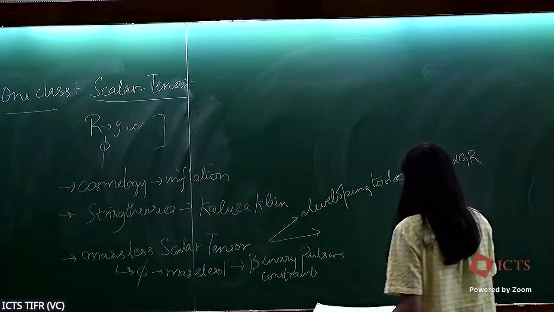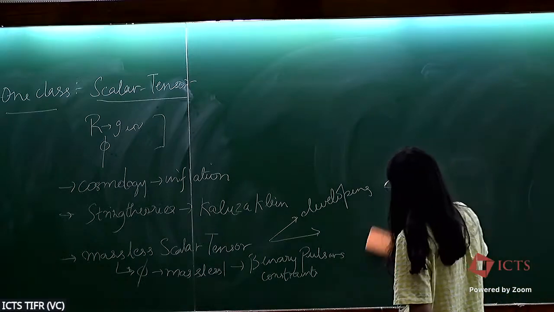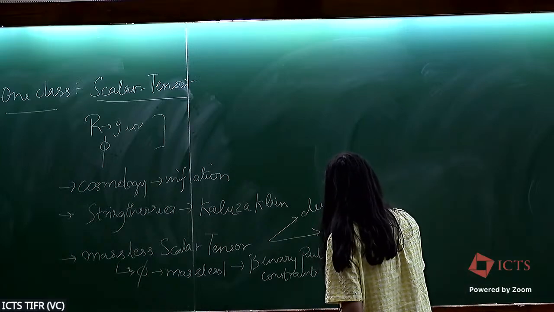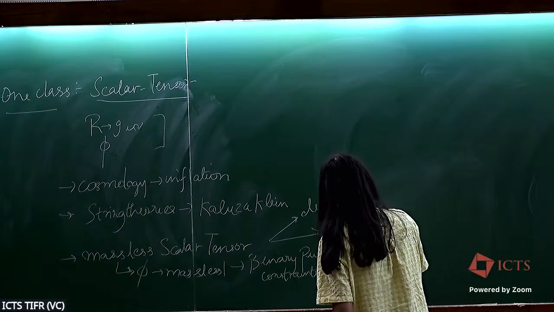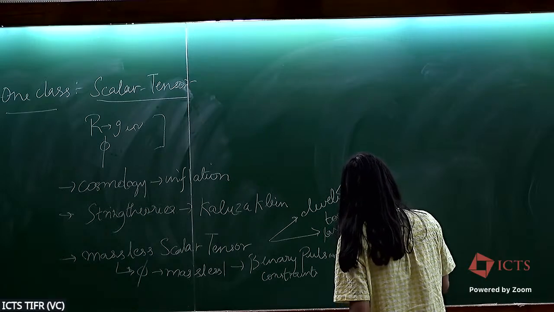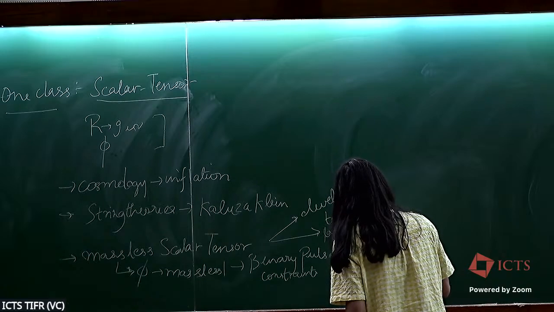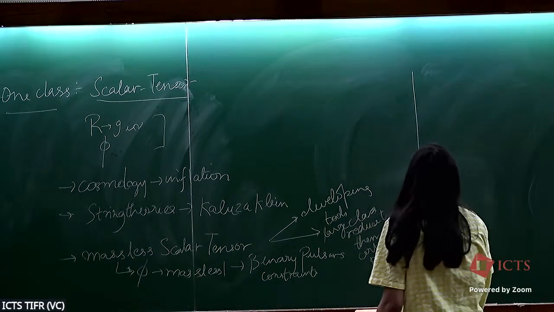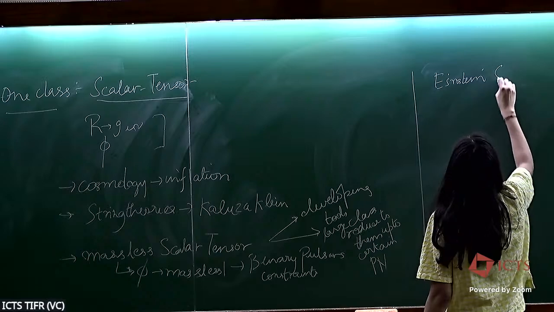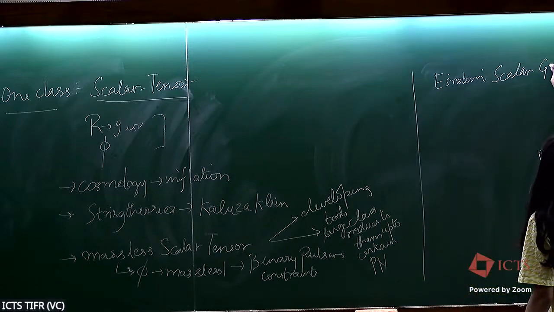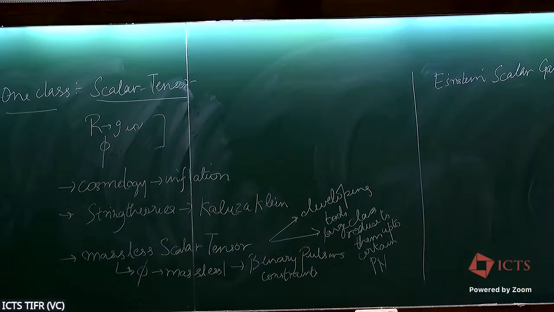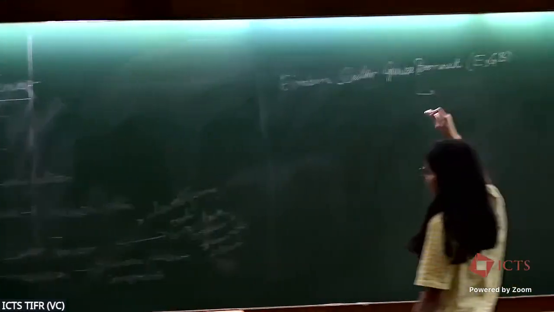For example, the Einstein scalar Gauss-Bonnet, or ESGB, is the same as massless scalar tensor.